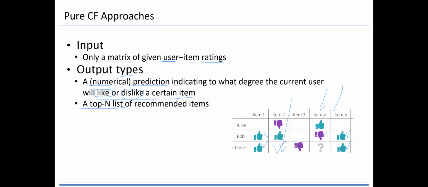But that is only one item. I can list the items, maybe the top 5 items I can recommend to Charlie, or the top 3 items. So the n represents any integer number.